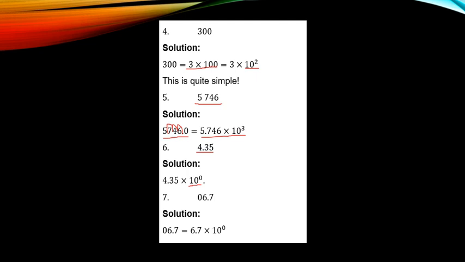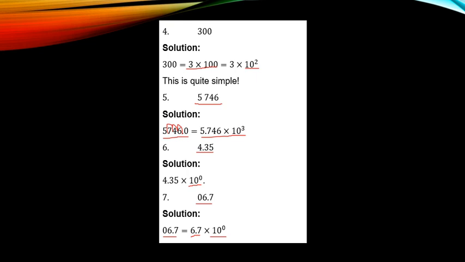Okay, number 7, 06.7. You should note that 06.7 is the same thing as 6.7, because the 0 before a whole number means nothing. So 6.7 is already a, so you cannot move the point again. So as such, you simply attach 10 to the power of 0.